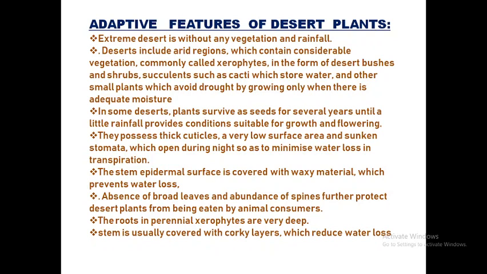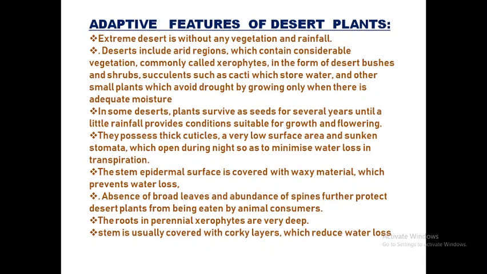That means they will remain in the seed state for so long until they get the adequate environment to grow. And this environment comes when there is little bit of rainfall. So, when there is rainfall, the environment becomes suitable. These seeds then germinate and grow into new plants.